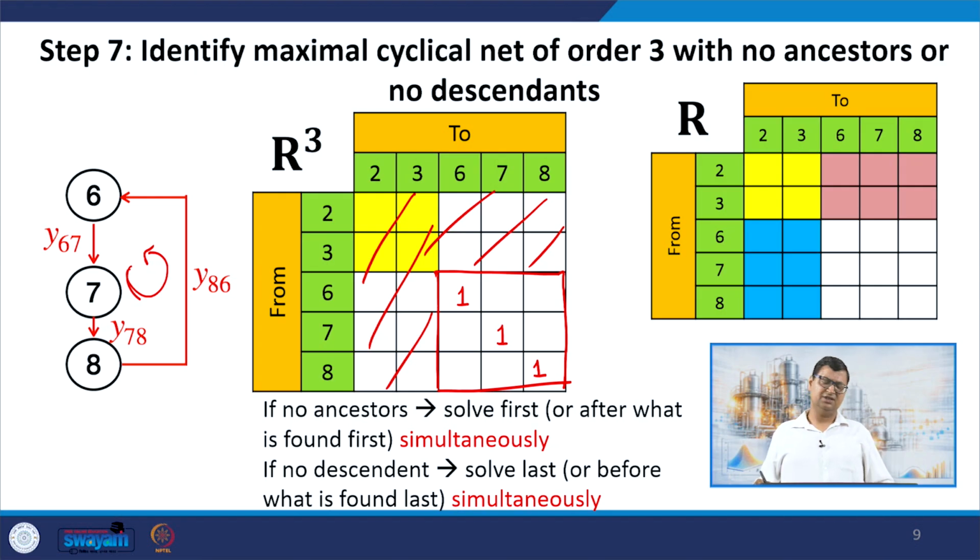So we locate that we have an order 3 cyclical net 6, 7, 8, and since now there is nothing else left in the graph, these are the vertices without any ancestors, without any descendants, and their balances have to be done first or last, it does not matter. This is going to be after whatever has been found first or before whatever has been found last, right.